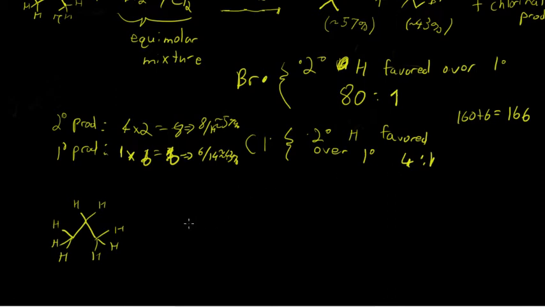When you have an equimolar mixture of Br2 and Cl2, this will furnish bromine radical. This will furnish chlorine radical.